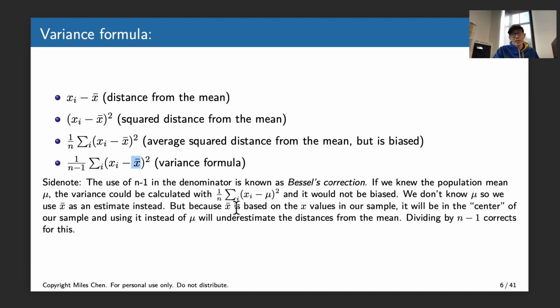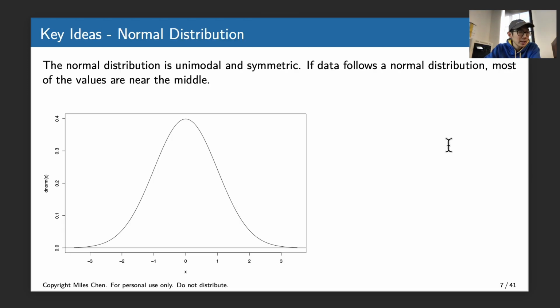Because x bar is coming from the x values in our sample, it's going to be right in the center of our sample. And so the distances from x bar will always be a little bit of an underestimate of the distances from the true population mean. And it turns out the exact value that we need to correct it by is n minus 1. But anyway, that's that.